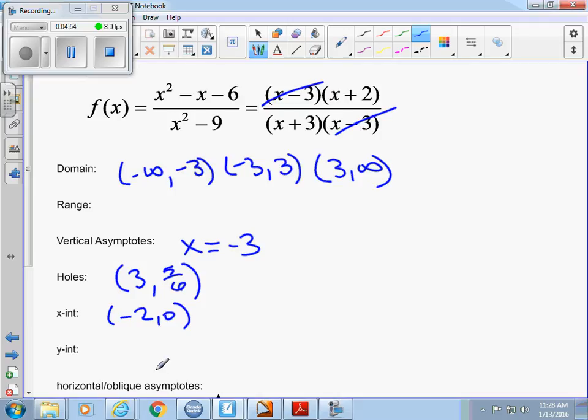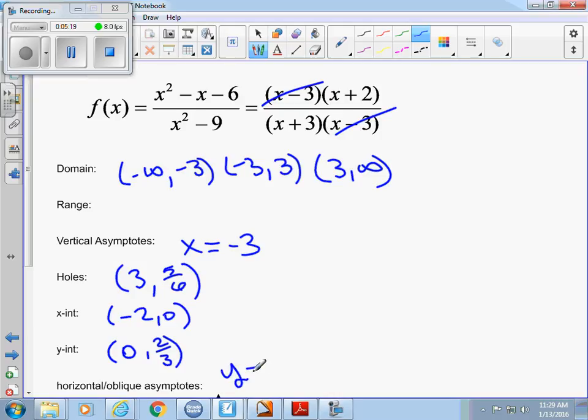How do you know? It's top 0, which makes the whole thing 0. Y-intercept. Okay, this feels very different than it felt yesterday, doesn't it? This took us forever to walk through yesterday, and we're going through very quickly, so good job. Horizontal or oblique asymptotes.